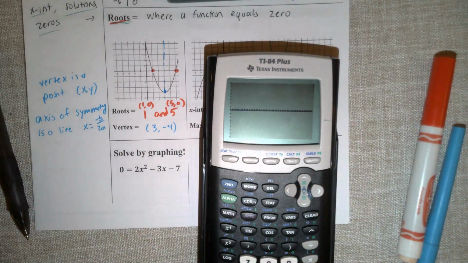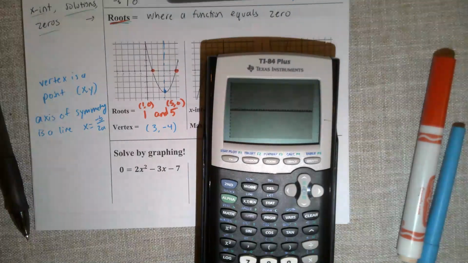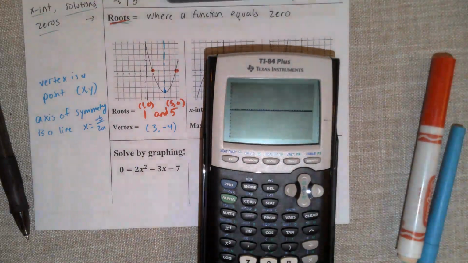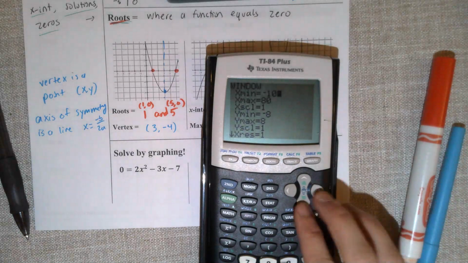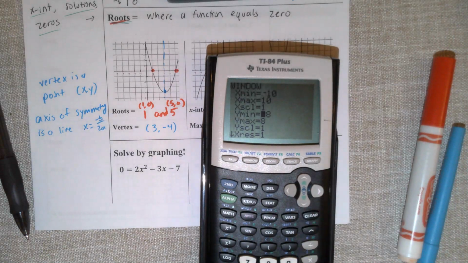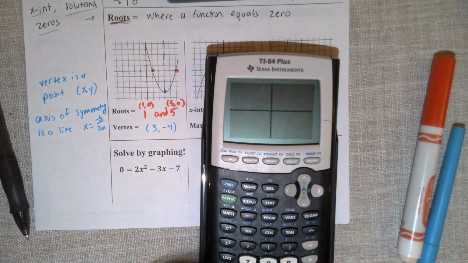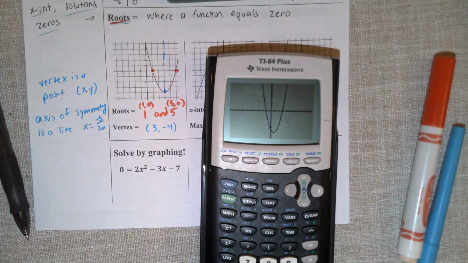So right now the window is set not so great, it's from something else. So we're going to change the window. A good setting is -10, 10, 1, -10, 10, 1. That's like our generic window, and it can help us see. Okay, so this is a good window because we can see the whole graph.